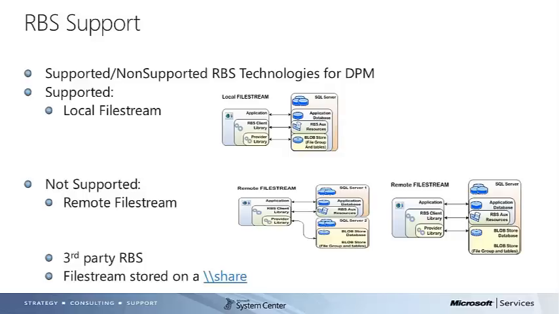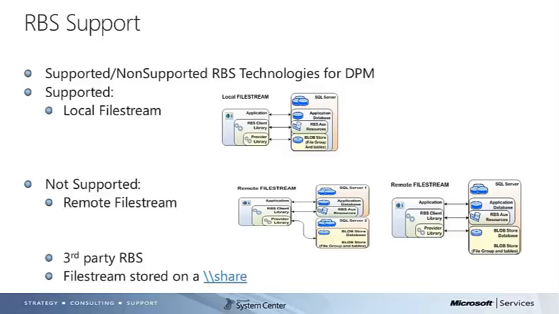We also do not support any third-party RBS solutions, so it does need to be the Microsoft SQL Server file stream RBS solution in order for us to be able to communicate with it and protect it. And finally, file streams that are stored on a share.